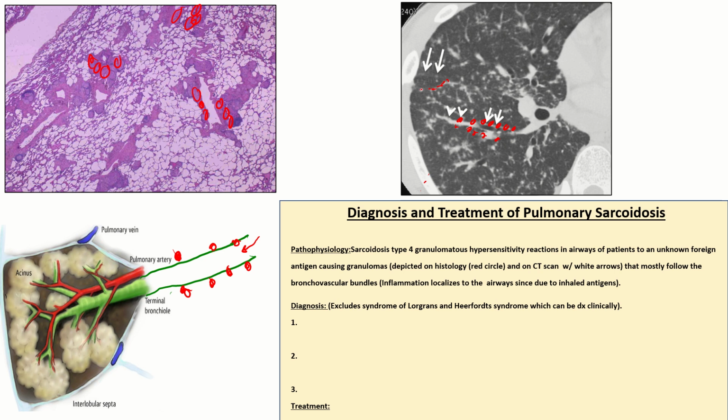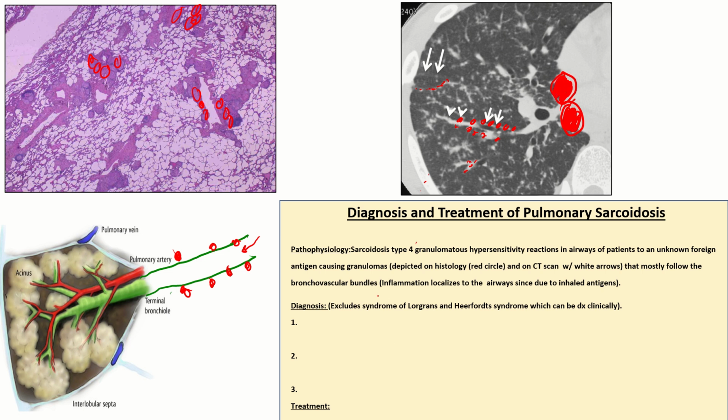You might see them a little bit in the interlobular septa. But this is going to be your main diagnostic finding, as well as, I'm not sure if it's shown here, those antigens are going to be taken up by your macrophages and brought to your lymph nodes. You're going to have lymphadenopathy. So that's the pathophysiology behind these CT findings.